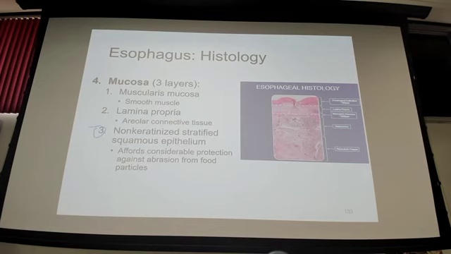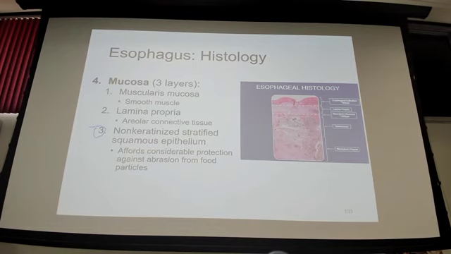It helps to protect the very fragile mucosa of the esophagus from the abrasive material that we swallow, right? Even though the bolus is lubricated with saliva and with the mucus that the esophageal cells create, it's still fairly abrasive. It's still a generally solid food component.